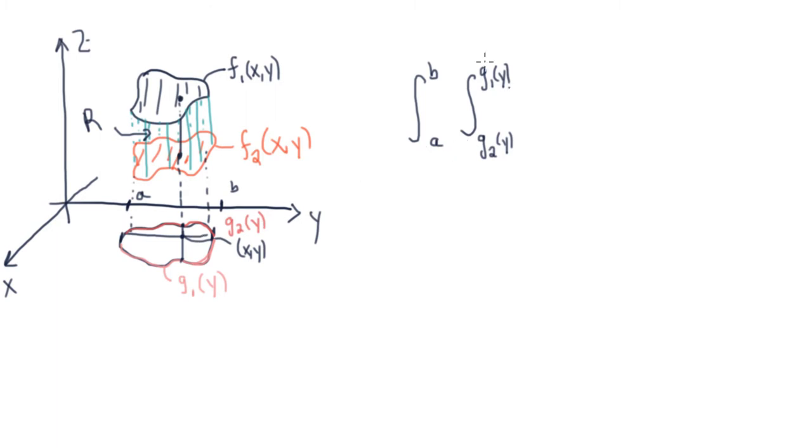And so for an x, y pair picked in this region, this was the double integral idea, I have a z value that's going from f2 of x, y up to f1 of x, y, like that.